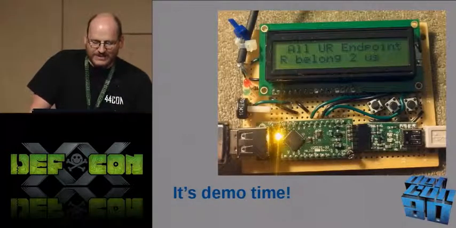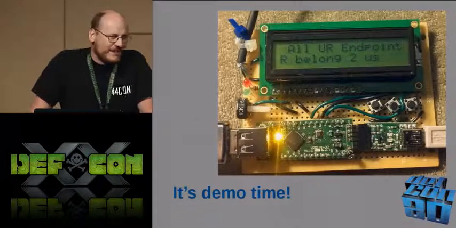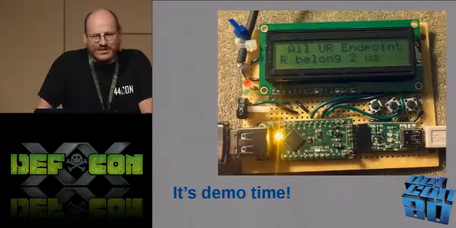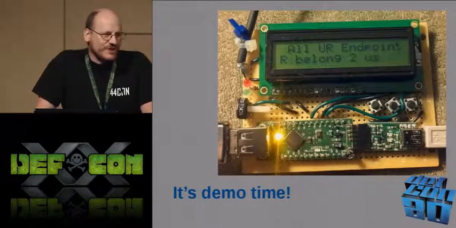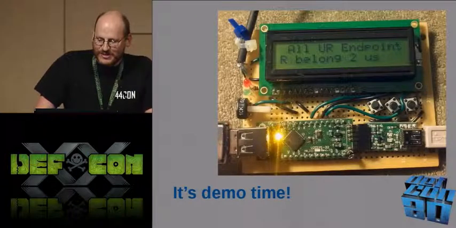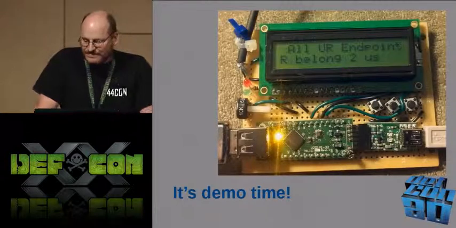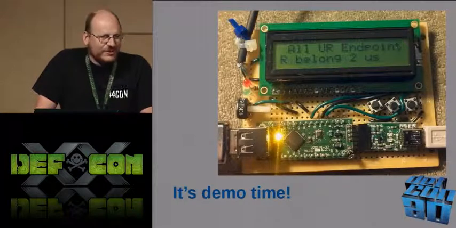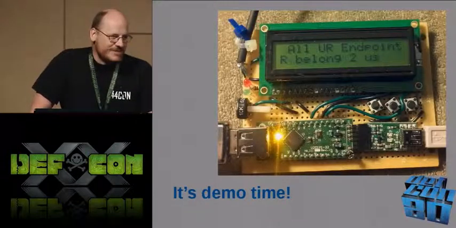The pot you see there is just for adjusting the LCD, and then I have a red light and a green light for the write blocking status. All right, so it comes on initially write blocking, so the green light should be on. The leftmost button can be used to toggle that status, and then the other buttons are used in order to set the VID and the PID.